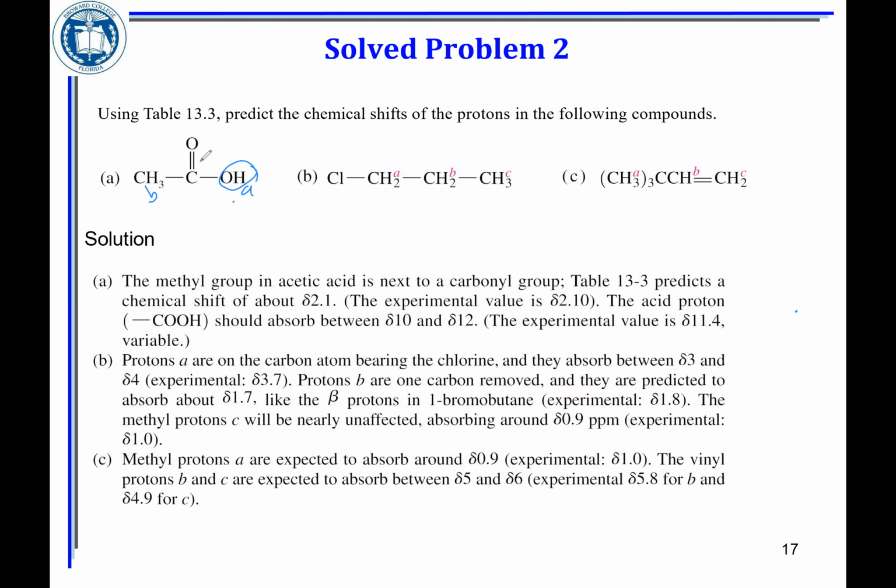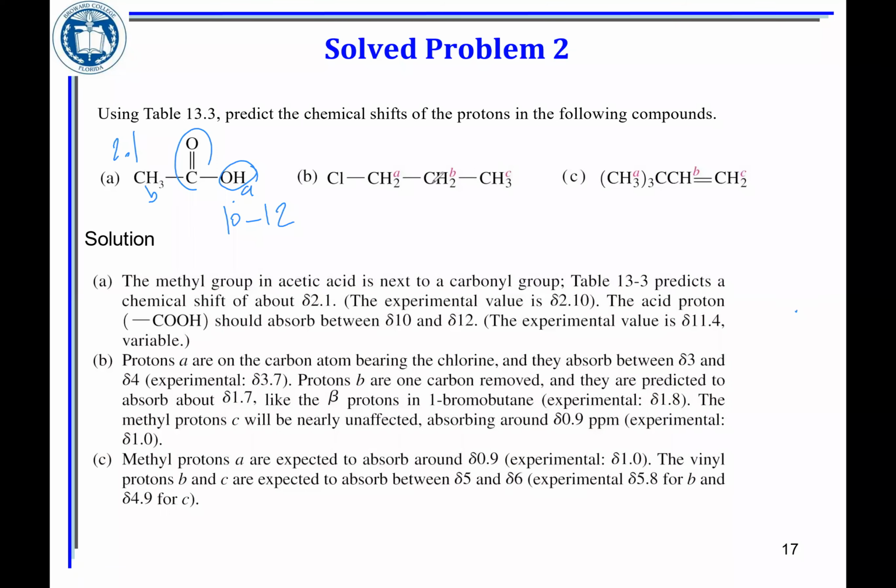What type of functional group is this? This is a carboxylic acid. And the location for the carboxylic acid hydrogen is 10 to 12. The location for the CH3 that is attached to a C=O double bond is at 2.1 because of this electron withdrawing group. Otherwise, it would have been at 0.9.